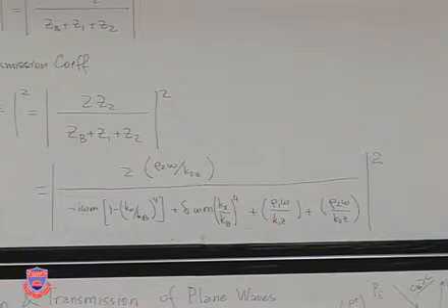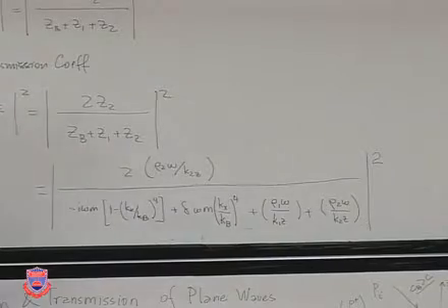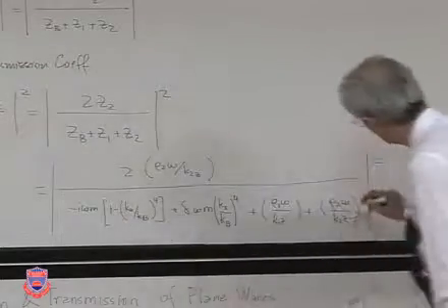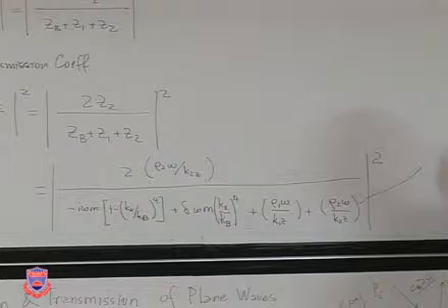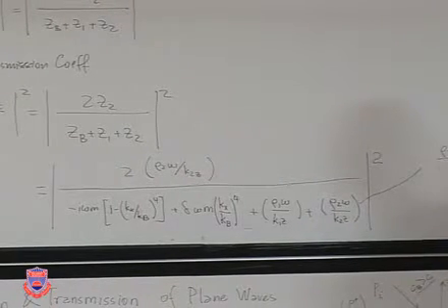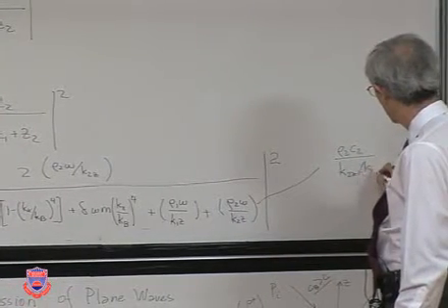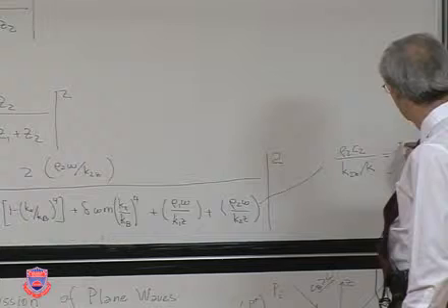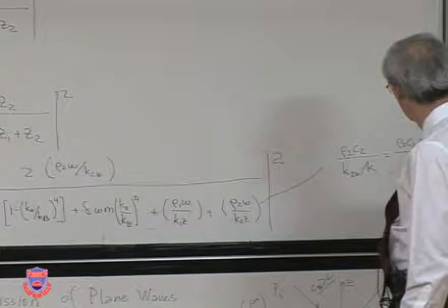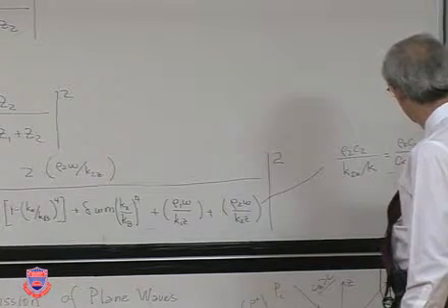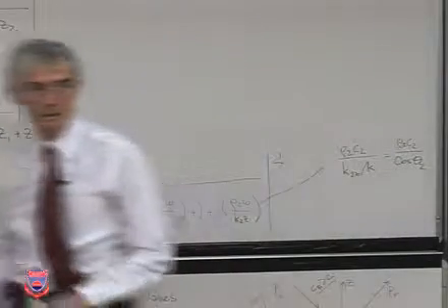This is just the same expression as before, but for example, this one, you can also write it as rho 2 C2 K2Z over K. Okay, same expressions.